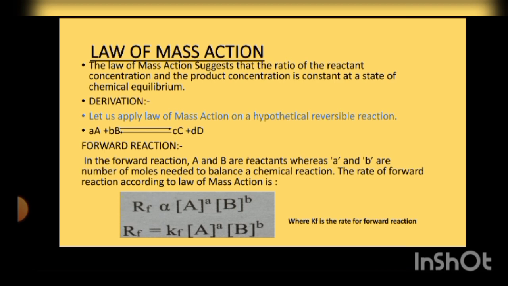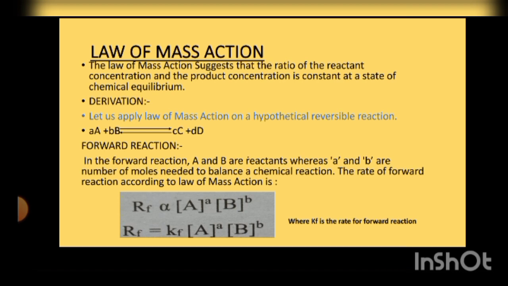So for the forward reaction, first of all, you will consider the forward reaction. We are talking about the reversible reaction, and you know that a reversible reaction starts with the reactants. So first of all, we will talk about the reactants.